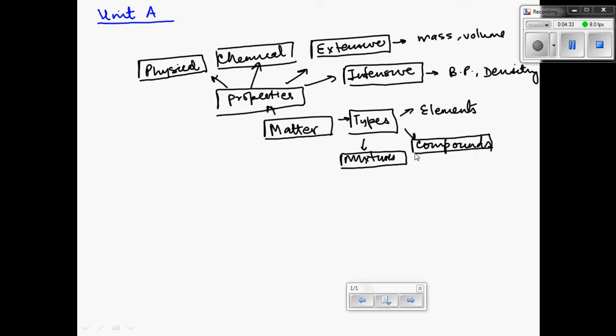These are the ones you see on the periodic table, and currently we have 116 or so elements. Elements cannot be broken down further. So an element's unit is the atom, and this is the smallest unit that has all the physical and chemical properties of a substance.